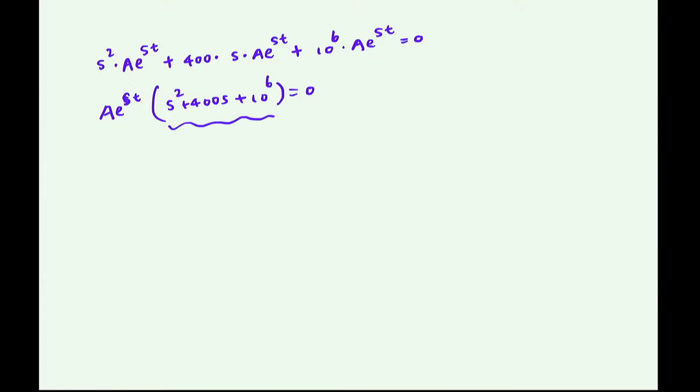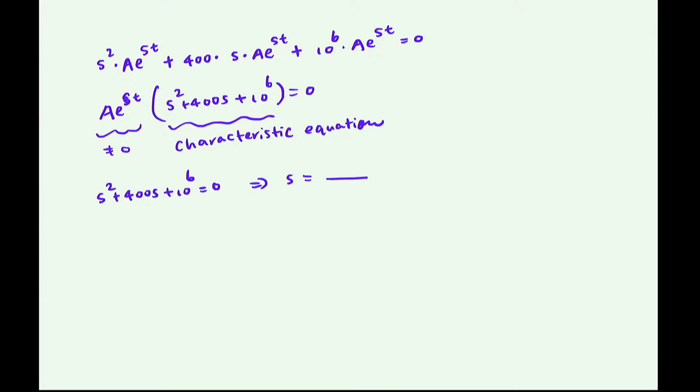Okay, so this part is the characteristic equation that we will use to solve for the two s values. Ignore the trivial solution, so that s squared plus 400s plus 10 to the 6 is equal to 0.